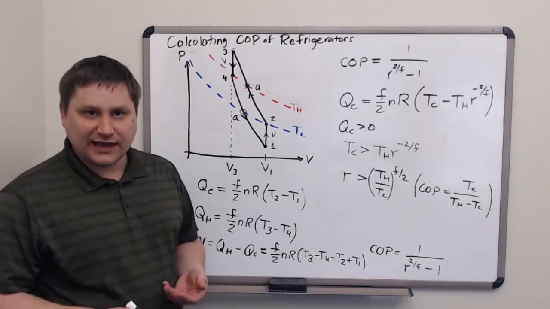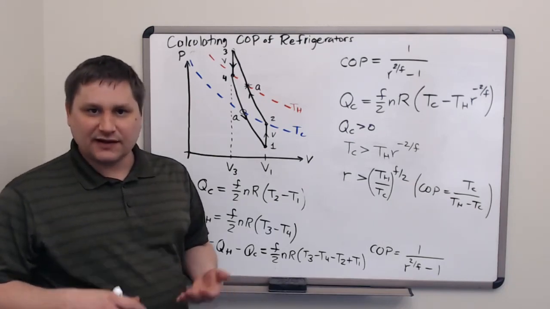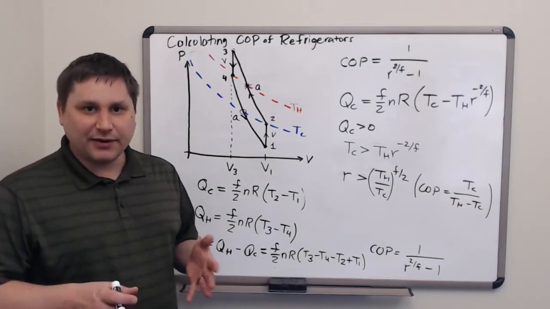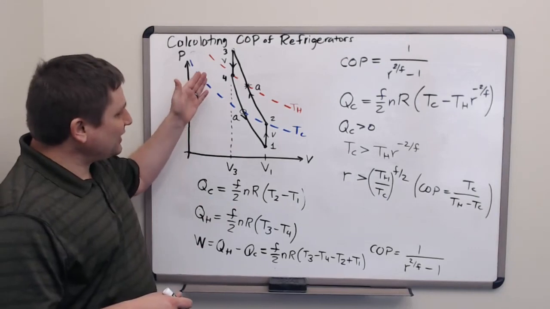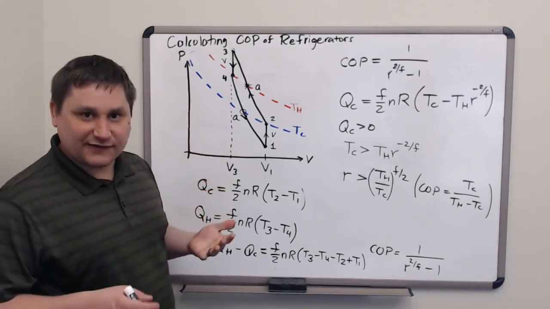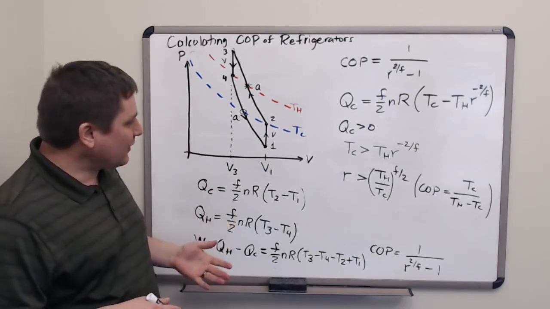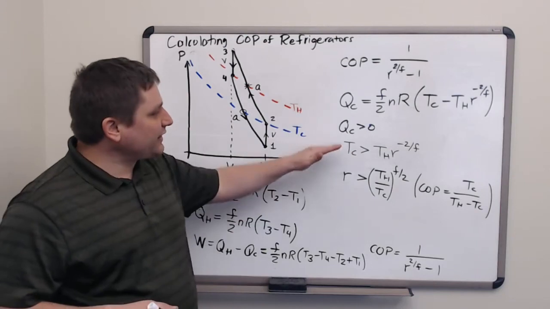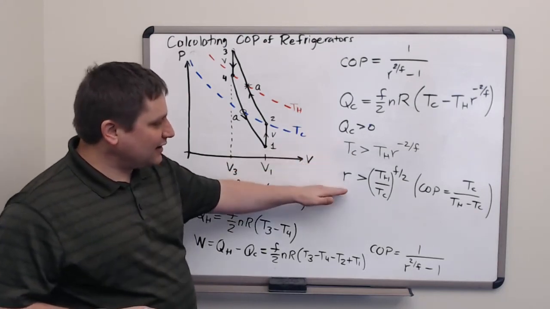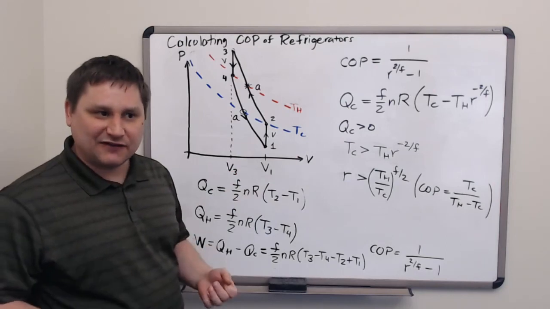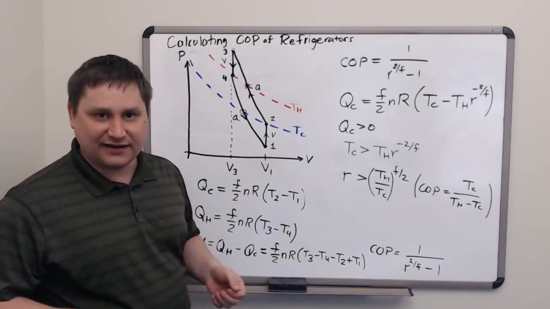On the surface, calculating the coefficient of performance is very similar to calculating the efficiency of a heat engine. But because we're doing a little bit more of a reverse operation in terms of the second law of thermodynamics, we're not allowed to make every step that we might want to. We usually have some inequalities on the values of r, or the values of the volume, that have to be satisfied in order for the cycle to actually act as a refrigerator.